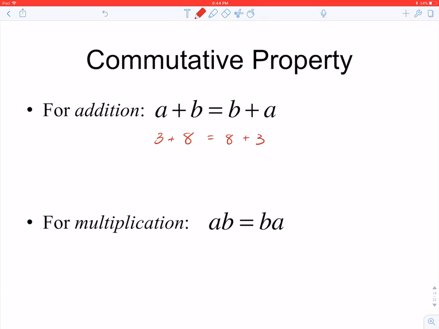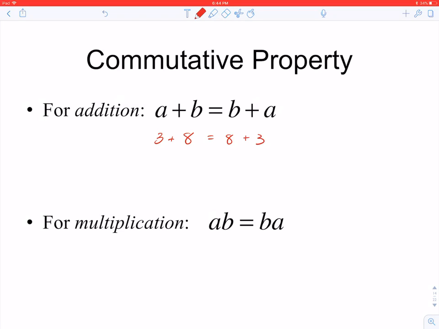Now notice that there is not a commutative property for subtraction, and that's because if we had 2 minus 3, that is not equal to 3 minus 2, right? 2 minus 3 would be negative 1, whereas 3 minus 2 would be positive 1.